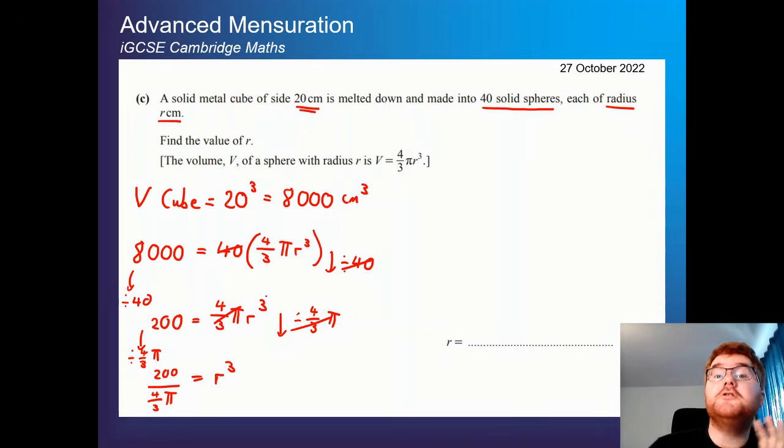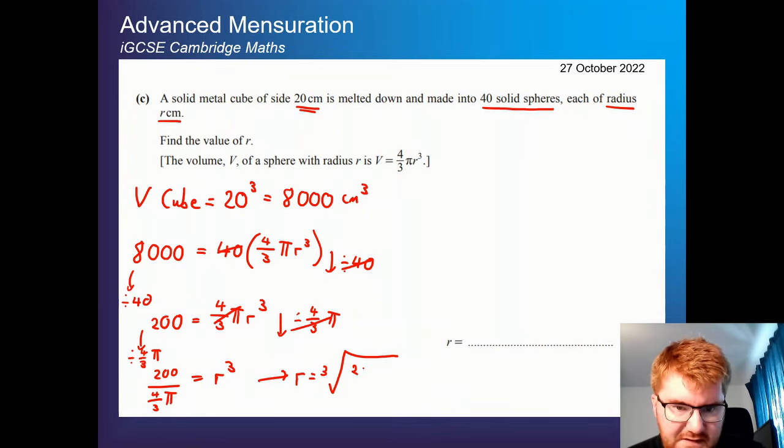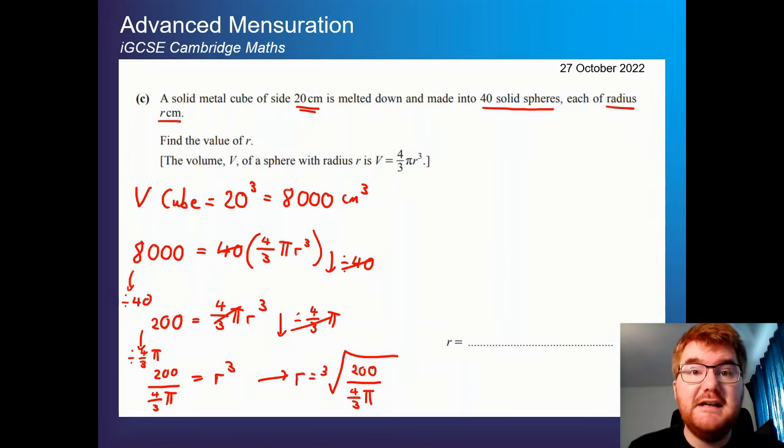Again, what's the opposite of cubing something here? Well, we want to cube root. So again, I'm not reaching for the calculator until I've got this expression here, so I can get the most accurate answer possible. That's where most of those marks are lost, because you're not keeping the precise value all the way through the calculation. Now we've got this, we can just put this into our calculator.